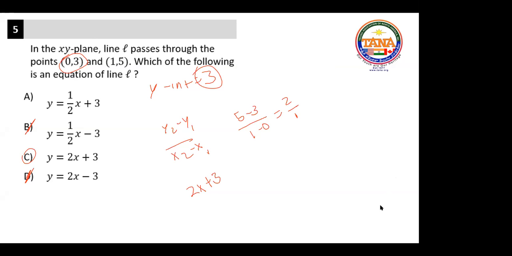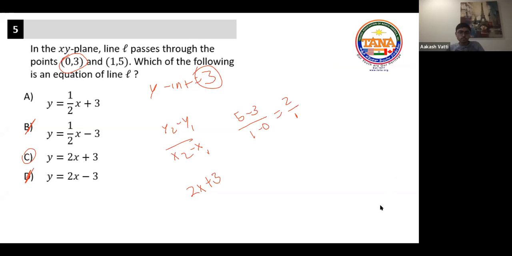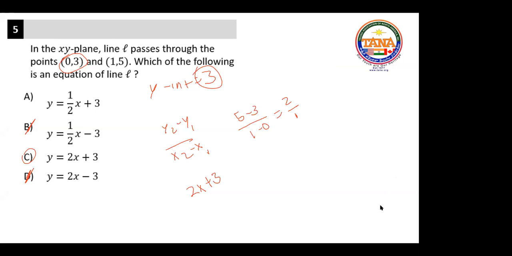Because what I did was first I substituted 0 and 3 for X and Y in option A, and then I decided that it wasn't the answer, and since 3 has to be positive, I eliminated B and D, and since A is obviously not the answer, that's how I got C.